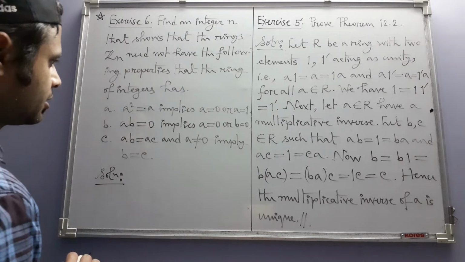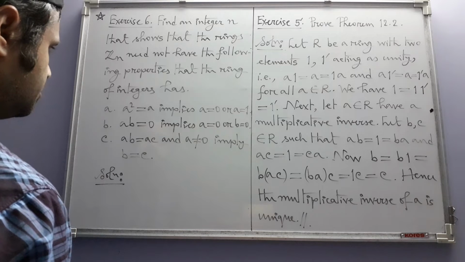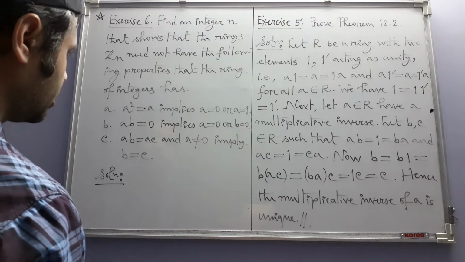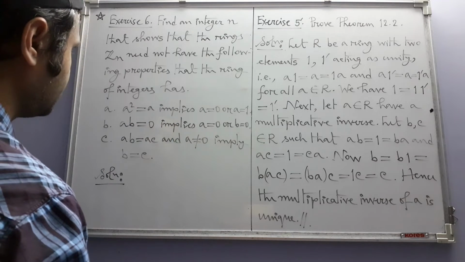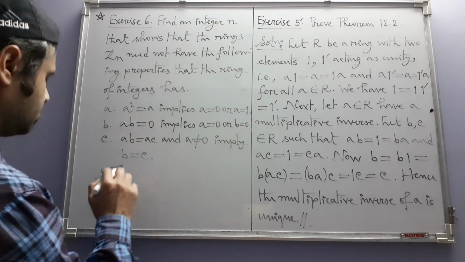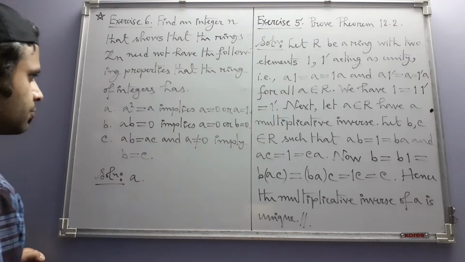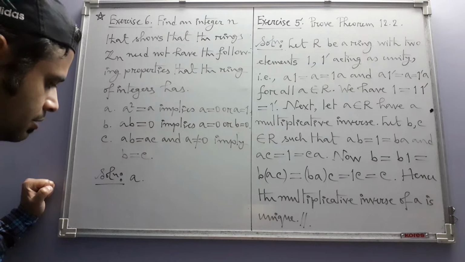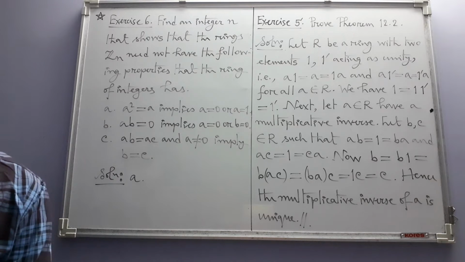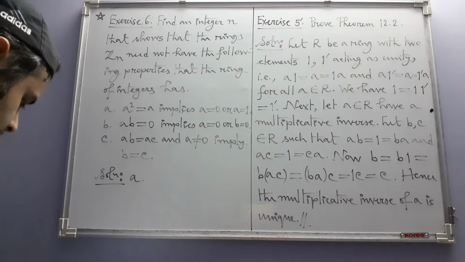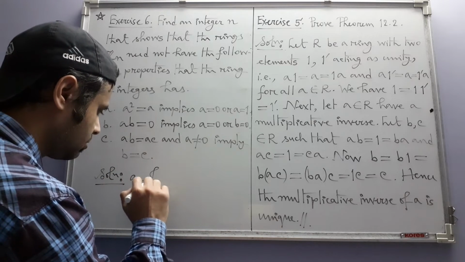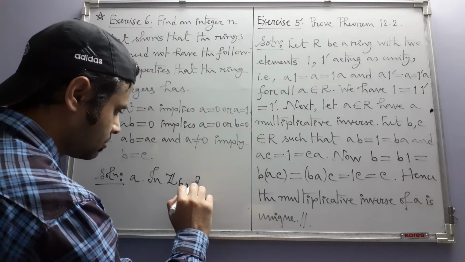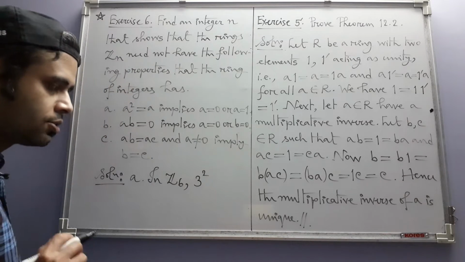And if I am remembering correctly, all the examples, or rather counterexamples to these things, can be found in Z6 itself. So in Z6, 3 square is 9.